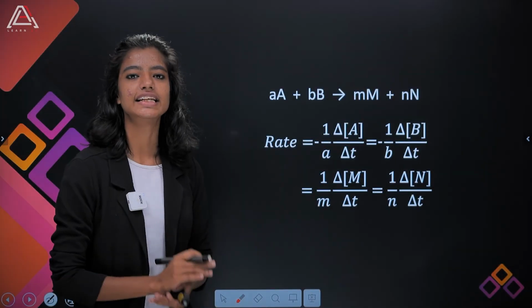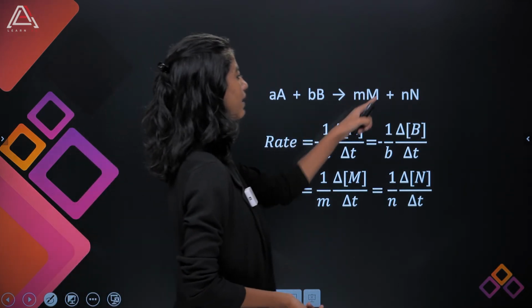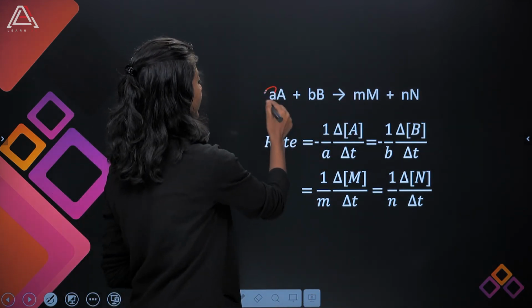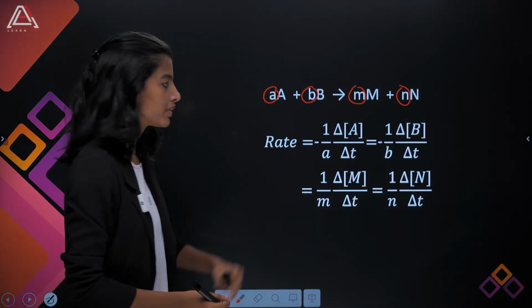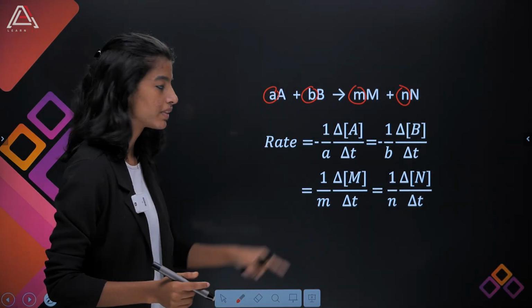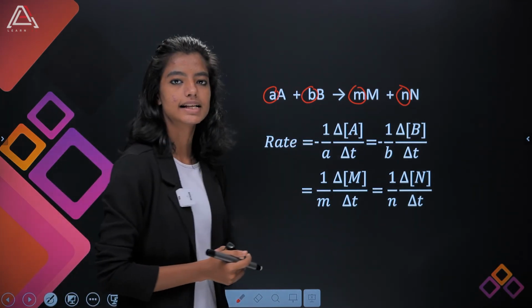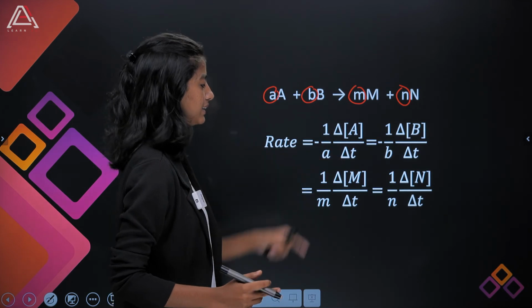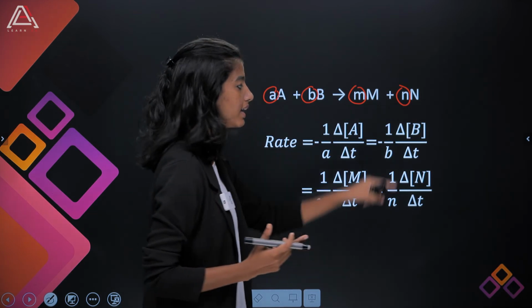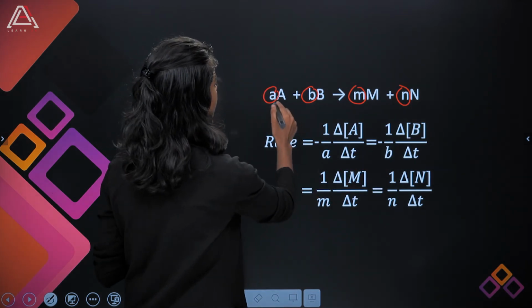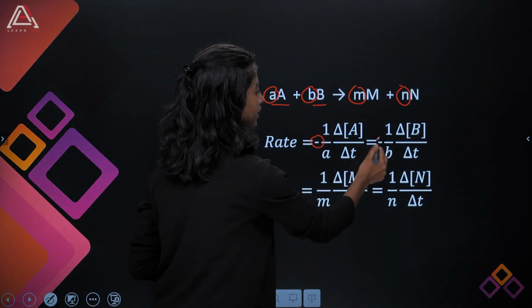Clear? Now let's take a general chemical reaction where aA plus bB will give mM plus nN. Here a, b, m and n will be the stoichiometric coefficients. The rate of this chemical reaction will be minus 1 by a, the stoichiometric coefficient, into delta concentration of A divided by delta T, that will be equal to minus 1 by b delta concentration of B divided by delta T. Here the reactants are A and B. Since they are decreasing, we are giving this negative sign over here.